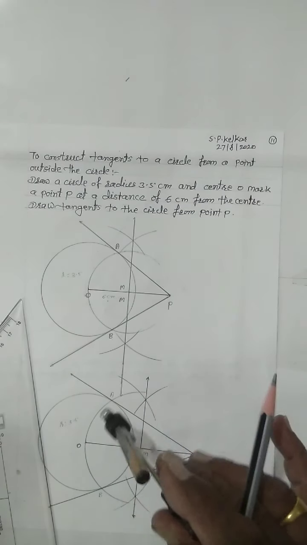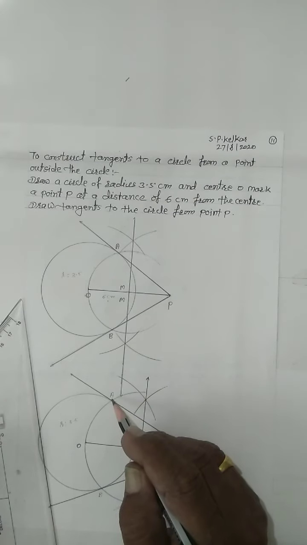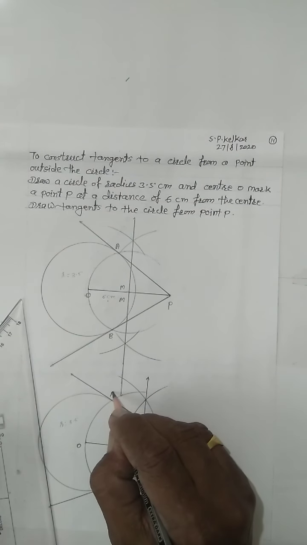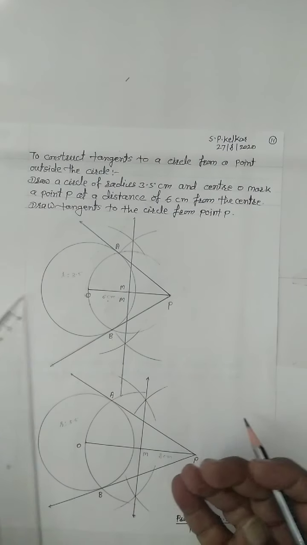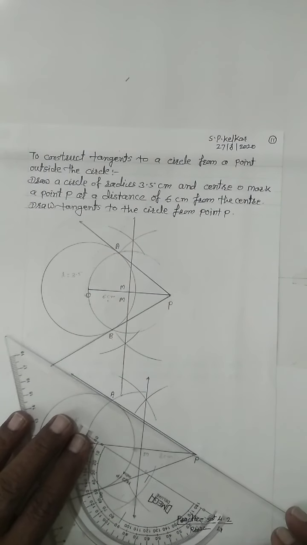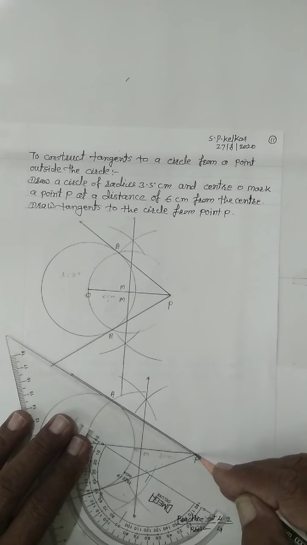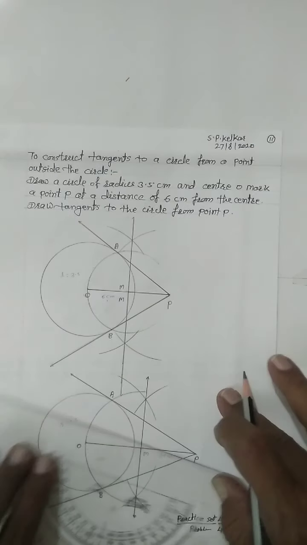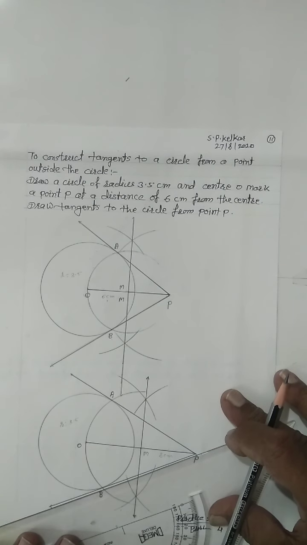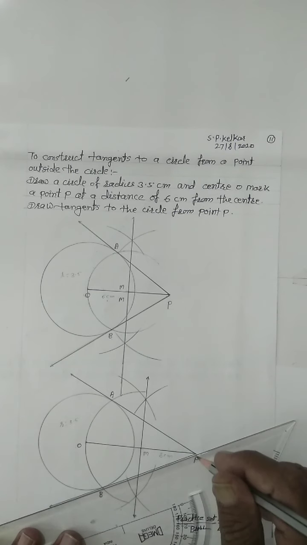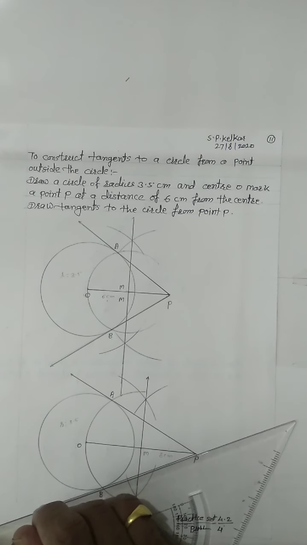This circle intersects the previous circle at point A and at point B. Now draw the ray which is started from the point P and passes through the point A. This second ray is started from the point P and passes through the point B.